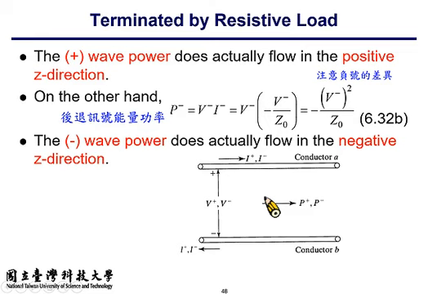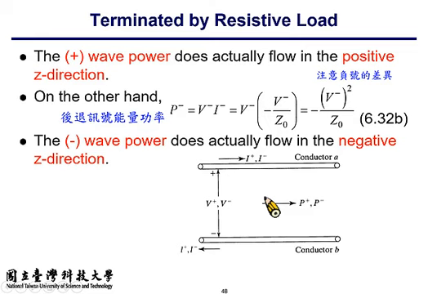All right? So if you illustrate V plus, V minus, I plus, I minus, P plus, P minus on this transmission line illustration, you see that at a specific point you have both the V plus and V minus components, and you have corresponding I plus and I minus components. Note that the direction is defined so that they are propagating to the right.